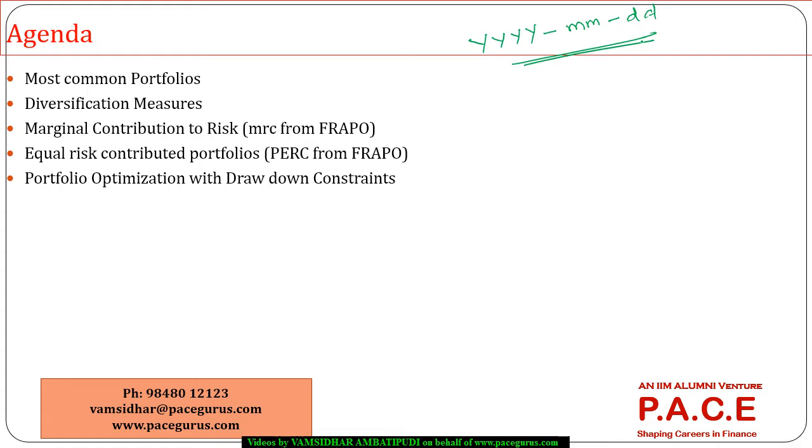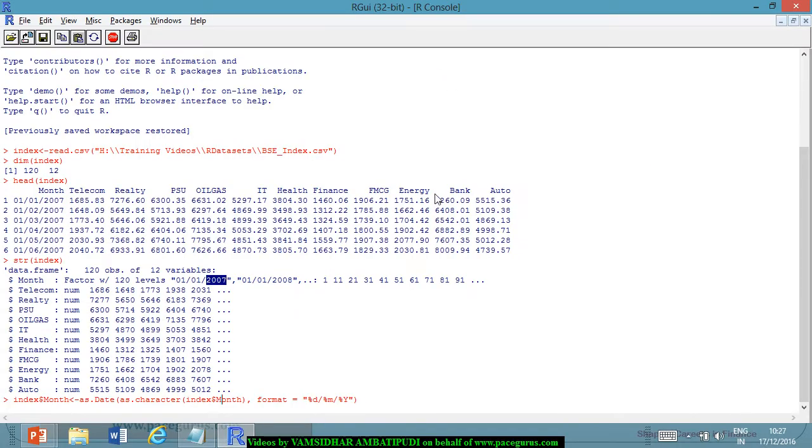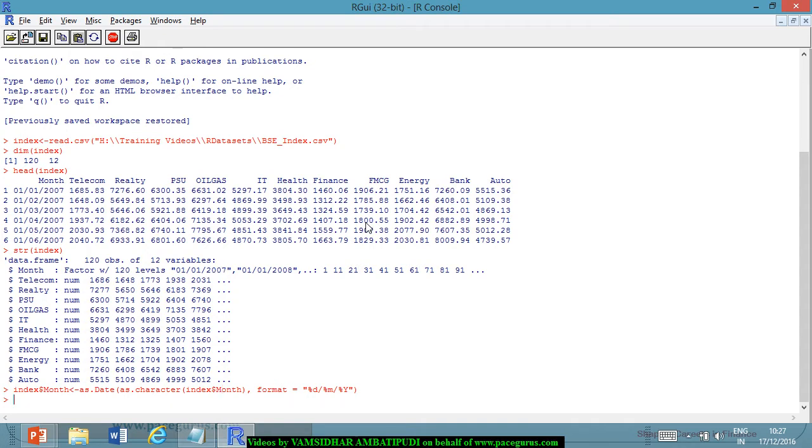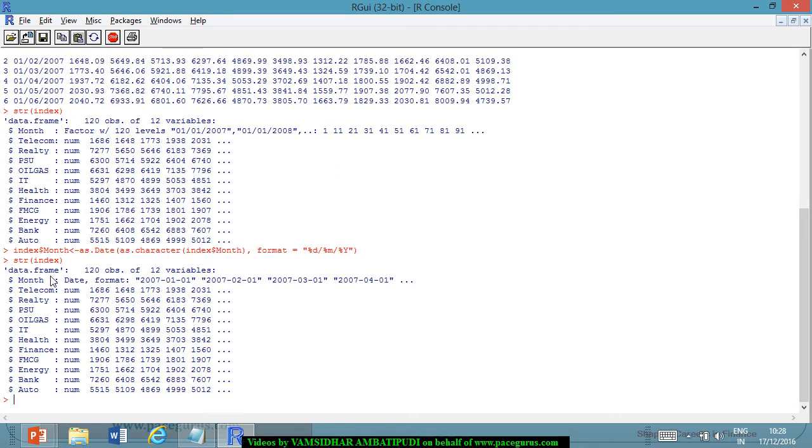So if it has treated it as a factor, better convert it into a character first, and then convert the character into a date by giving the format of the character. That's how we go ahead with the conversion into a valid date format. If required, we can now look at the structure of this index, which shows that the month is a date, and this is how the format is coming, YYYY hyphen MM hyphen DD.